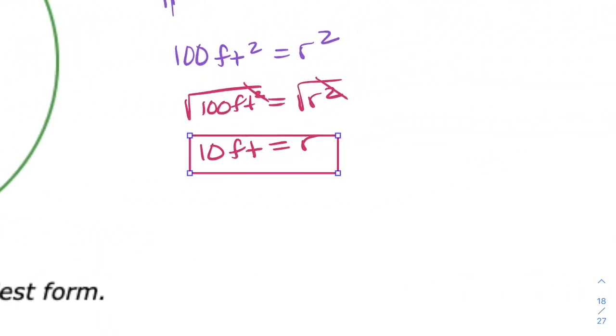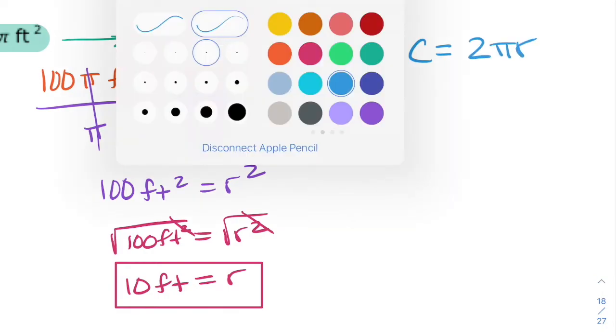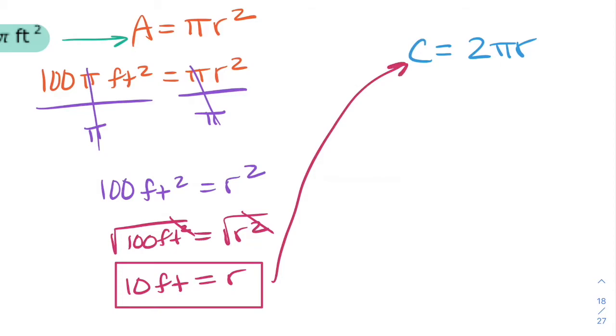But we are not done. We now need to do the circumference. Circumference equals 2 pi r. So we need to use this in our circumference. So circumference equals 2 pi times 10 feet.